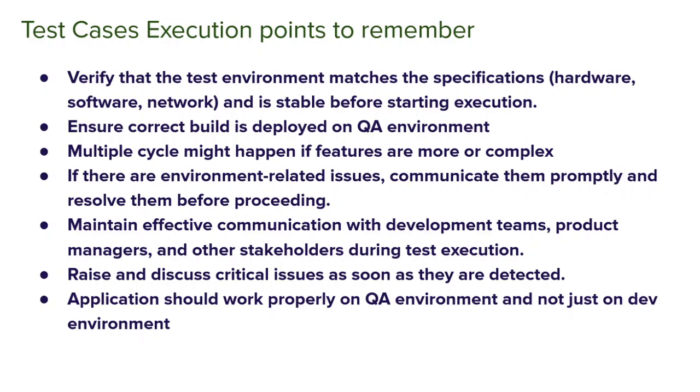So multiple cycles might happen if features are complex or more, and you will get different builds. You will first get QA build 1, after that they will provide QA build 2, then after fixing some of the issues they will again provide a new QA build to test.